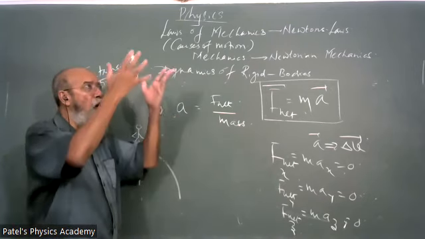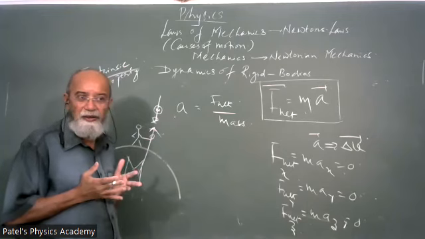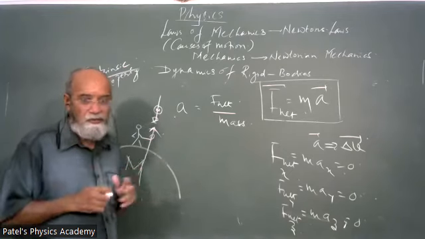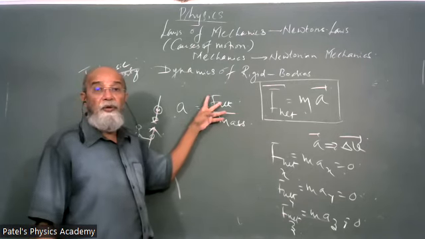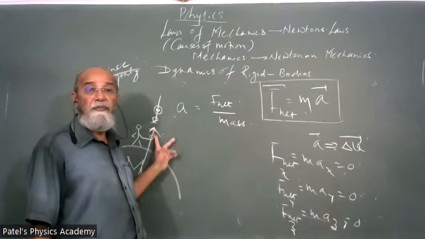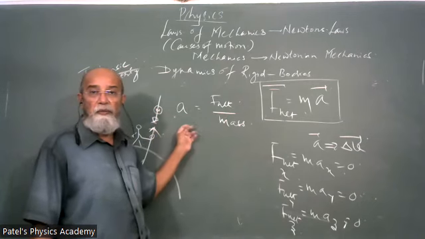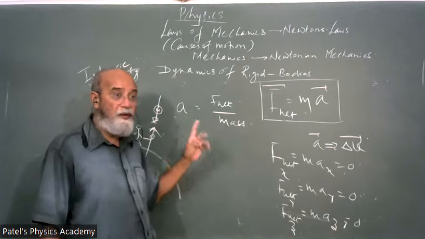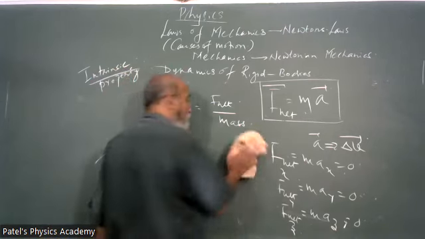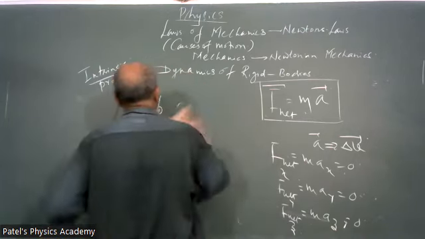I only see the ball moving towards it. Are you understanding? Yes. So this is an example where the forces are the same, equal and opposite, but because the masses are so different, the experience of acceleration is different. All right? Okay. Let's move further.